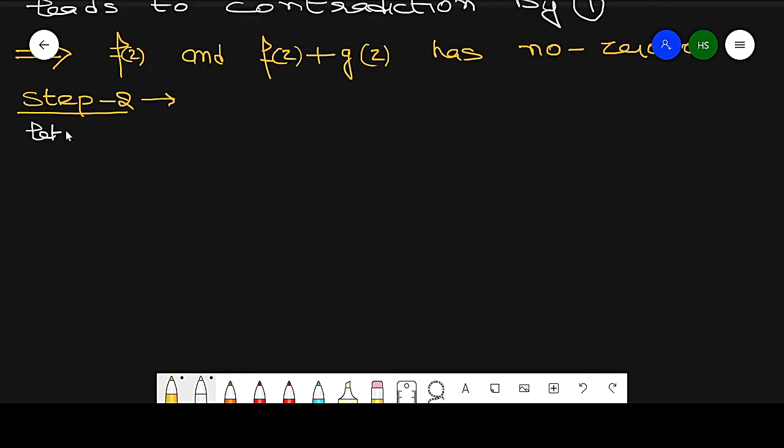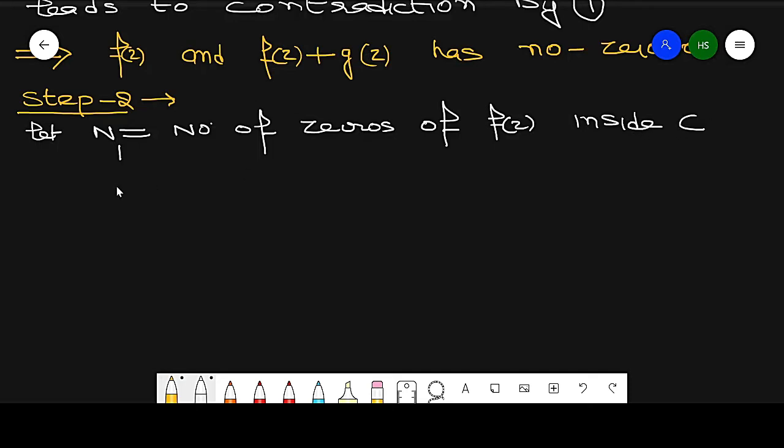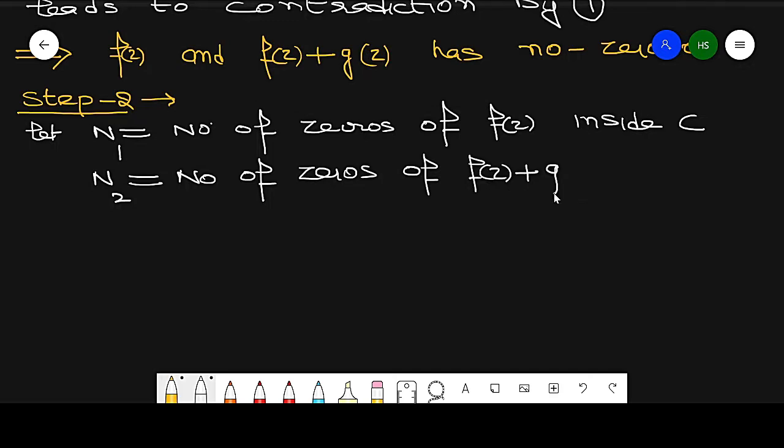Let n1 be the number of zeros of f(z) inside C, and n2 be the number of zeros of f(z) plus g(z) inside C. So I am taking n1 and n2. Inside also we can use as within.